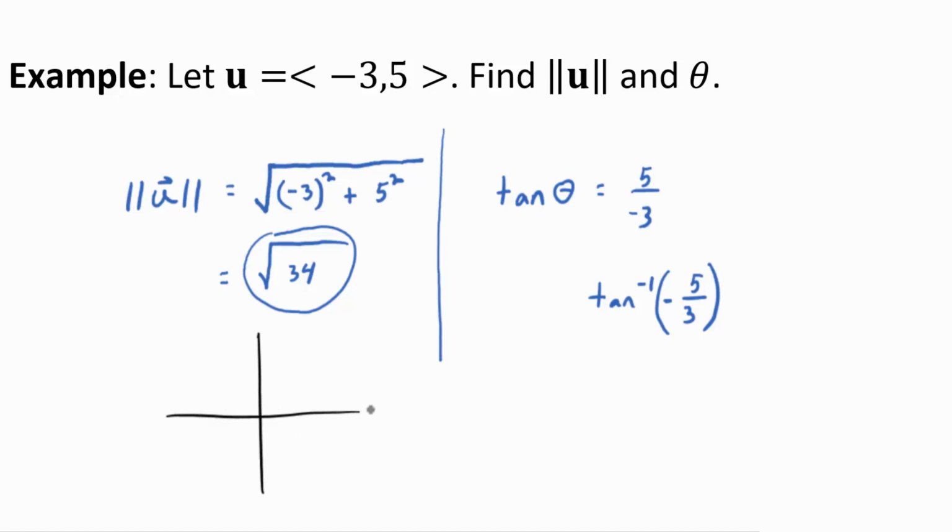If you just draw it real. Here's x, here's y. The tail of the vector is at the origin. You go negative 3 up 5. Whoops, a couple more. 1, 2, 3, 4, 5. Not the best picture I've ever drawn, but you'll get the idea, right? Obviously, that's in the second quadrant, isn't it? This guy's in the fourth quadrant. Not what we're after, is it? Notice I didn't say this thing's equal to theta just because I knew that was going to happen. It's not theta.